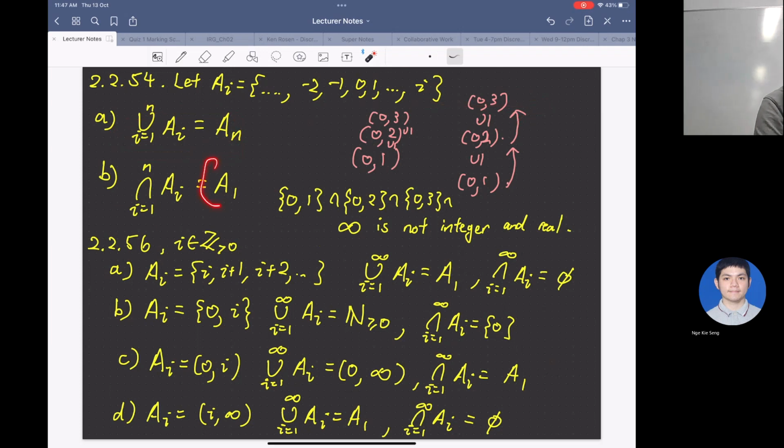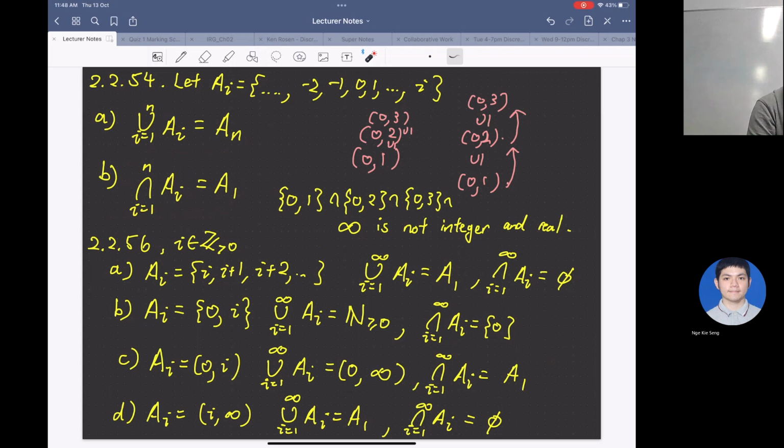If it is intersecting, you need to take the smallest one. Of course, to be really pedantic, you need to show the set inclusion. Try showing the set inclusion, because maybe I will ask in the exam. So try showing with set inclusion, prove that they are equal.